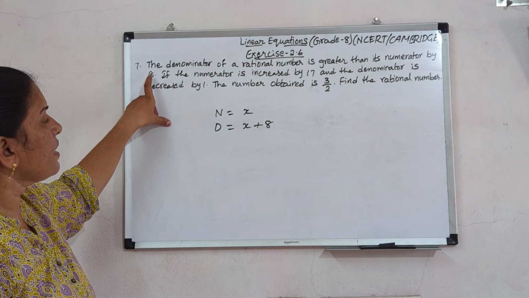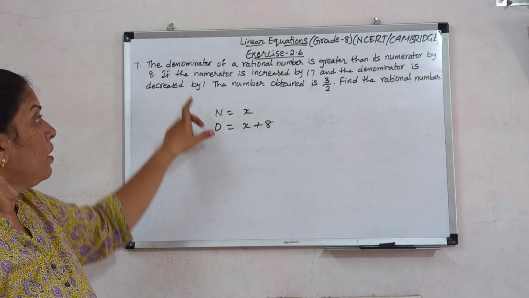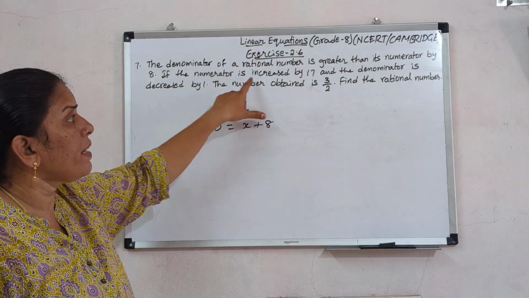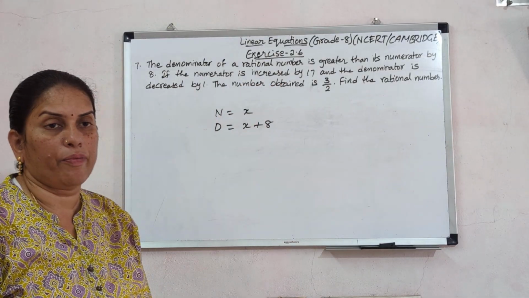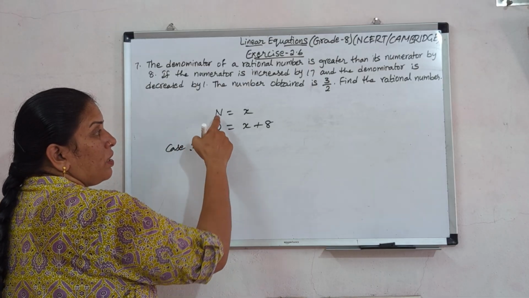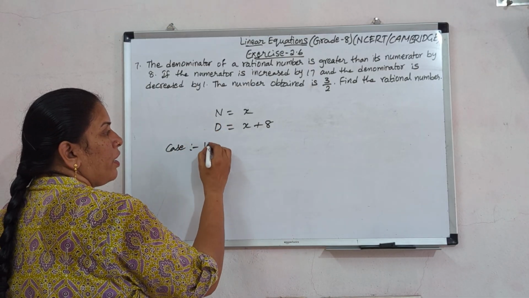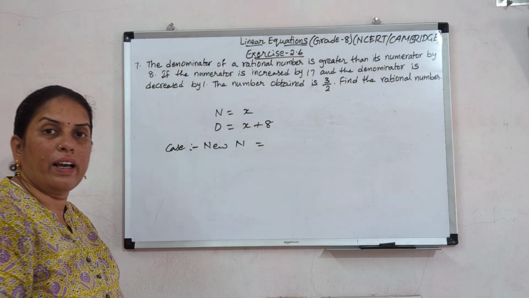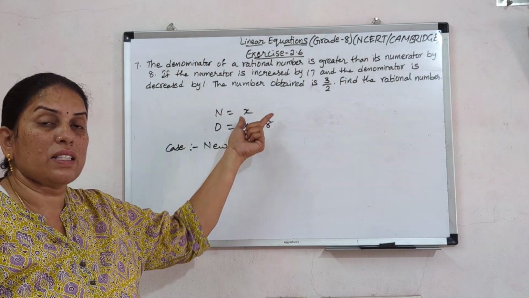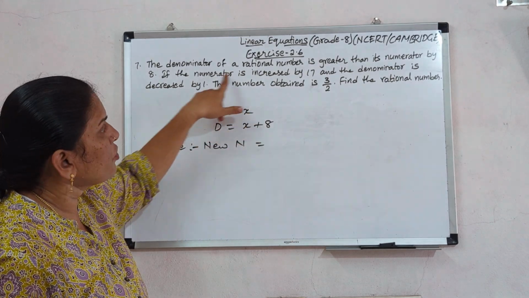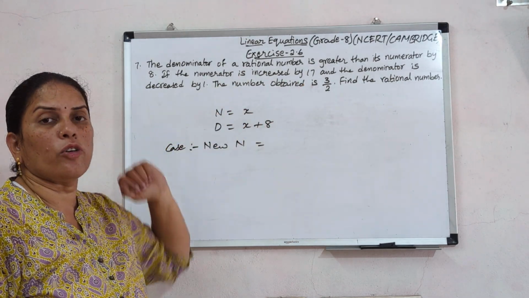Okay, this is one case. If the numerator is increased by 17, that means in the second case, what did they tell? The new numerator is increased by 17. That means we must add. Increasing means adding. How much must you add? 17 to the numerator.